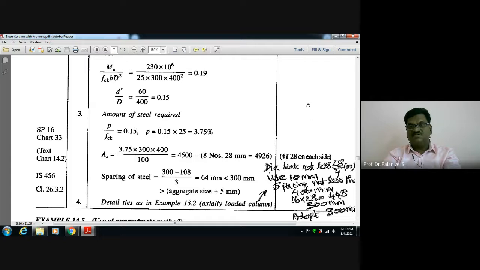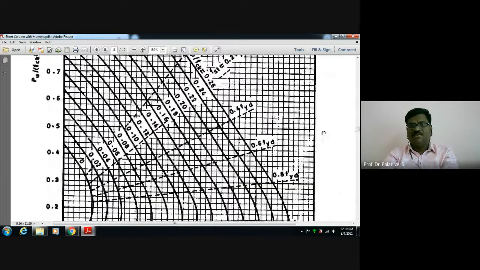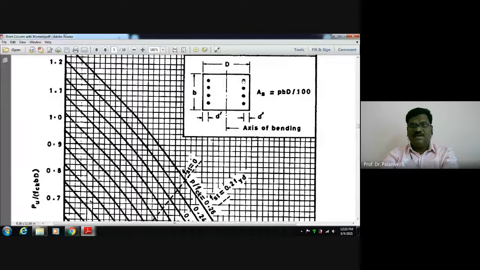In this book, the author has used only a capital T to represent tar steel. 28T, 4 numbers on each side you write. First you write 8 numbers, then you write provide 28T, 4 numbers on each side. It means totally 8 numbers of 28 mm dia bars are required. So you have to provide 4 here, 4 this side, totally 8 bars.